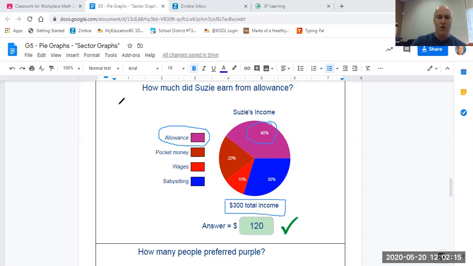So what we need to know is what 40% of 300 is. We can take 300 and multiply it by the decimal equivalent of 40%. And the decimal equivalent of 40% is 0.4. Now, why is the decimal equivalent of 40% 0.4? Well, remember that a percentage is always a value over 100.